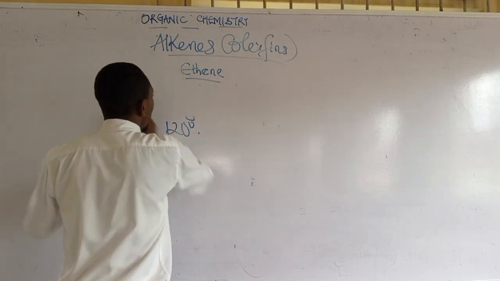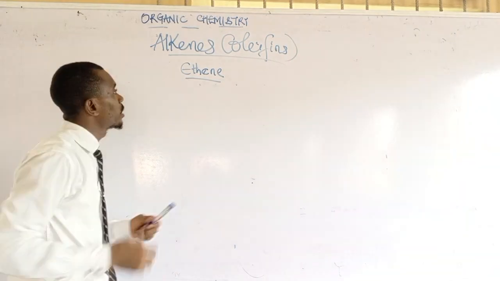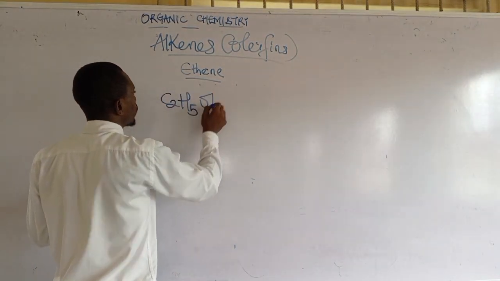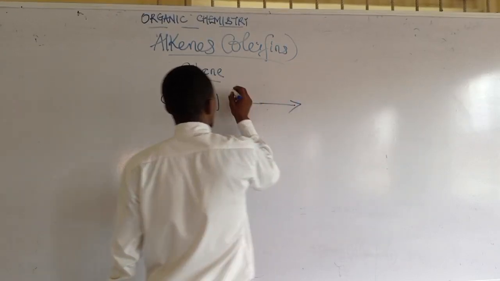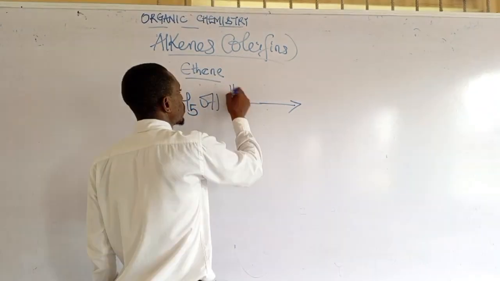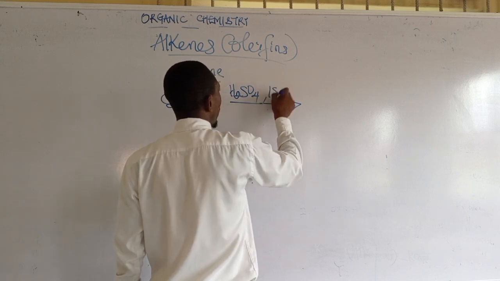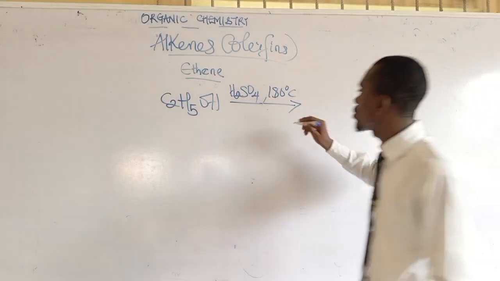How can they be prepared? Ethene is prepared by a dehydration reaction. So you dehydrate ethanol using excess concentrated sulfuric acid, H2SO4, at a temperature of 180 degrees Celsius or 170 degrees Celsius.